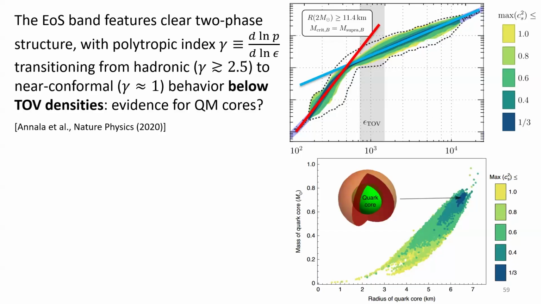and we interpret that as quark matter, and if it's above 1.75, we say that that's non-conformal and hadronic.